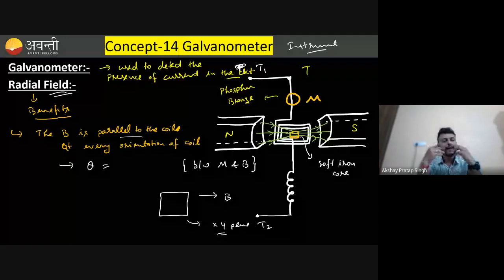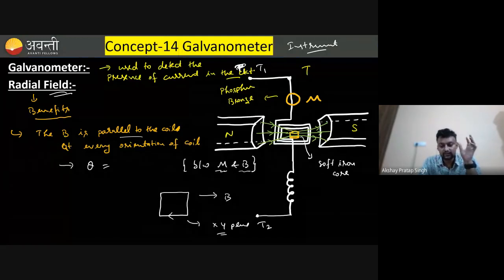Magnetic moment will always be perpendicular to it. So if the coil is in the xy plane, in which direction will the magnetic moment be? What will be the direction of its magnetic moment? Can you answer now? I am just talking about the magnetic moment direction, not the theta. And be responsive, be quick. We don't have a whole day.